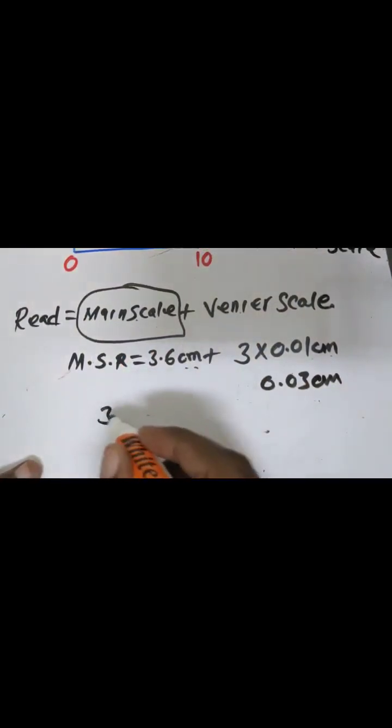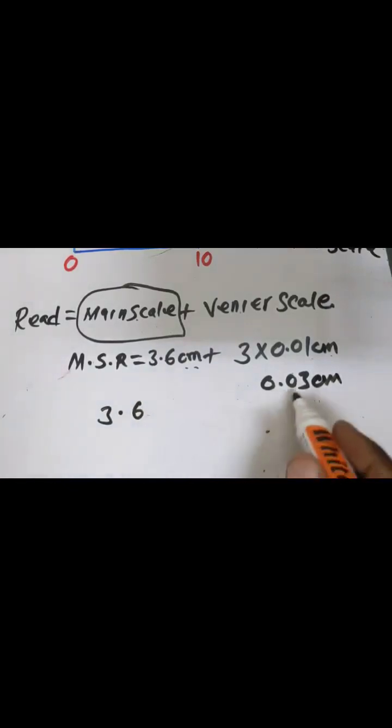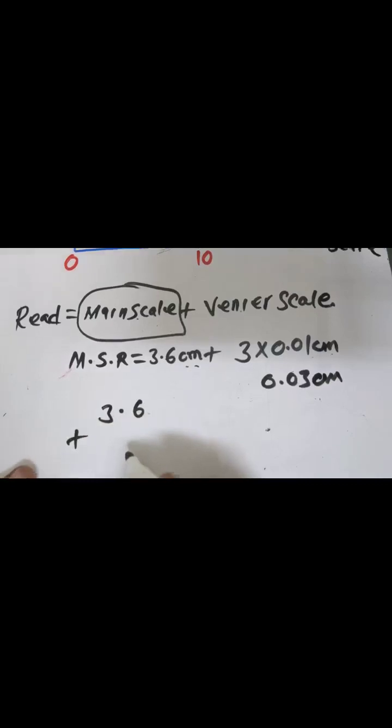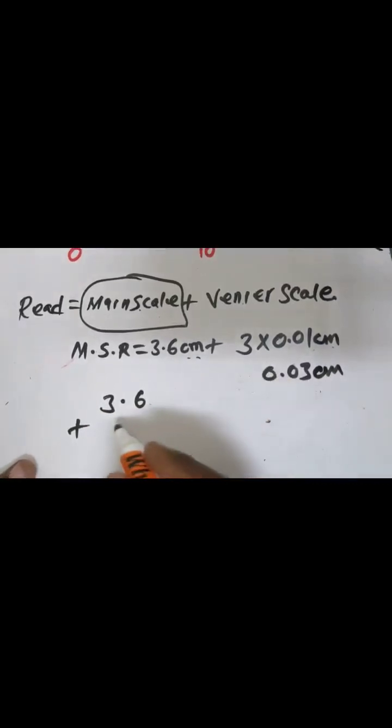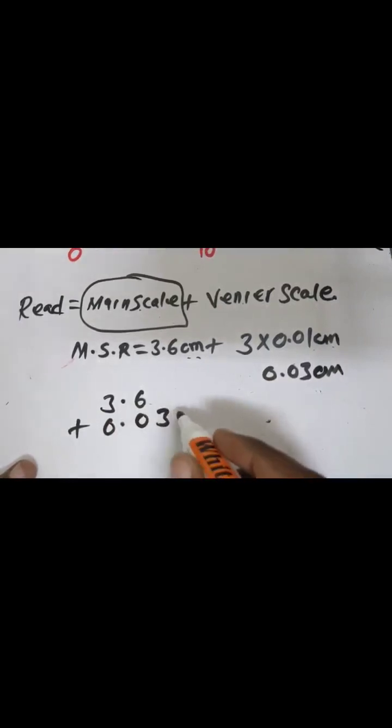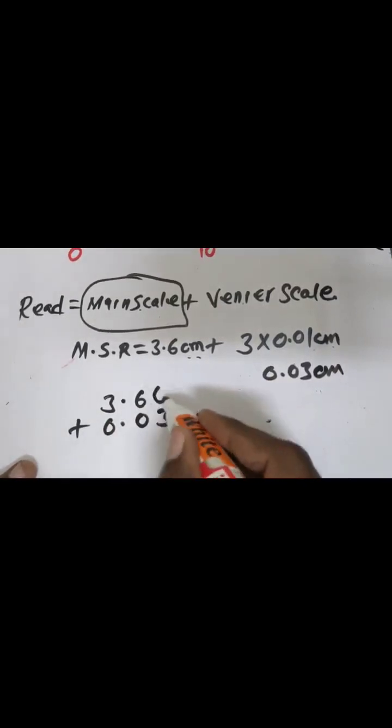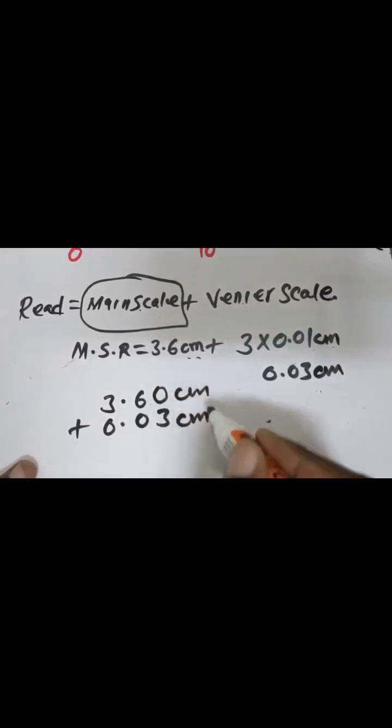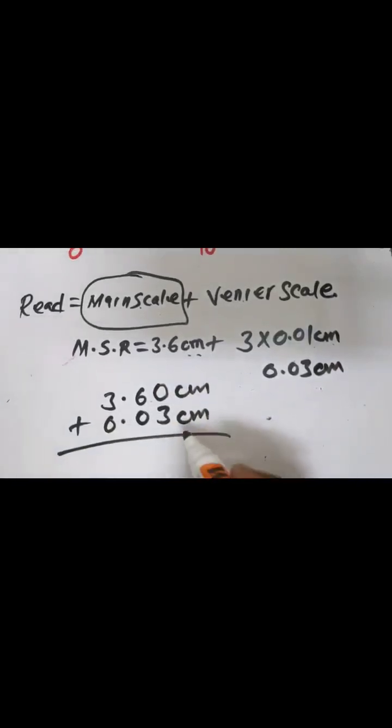This is 3.6 plus 0.03, in centimeters. Then we add: 0 plus 3 is 3, 6 plus 0 is 6, then point, this is just 3 like that, 3 centimeters.